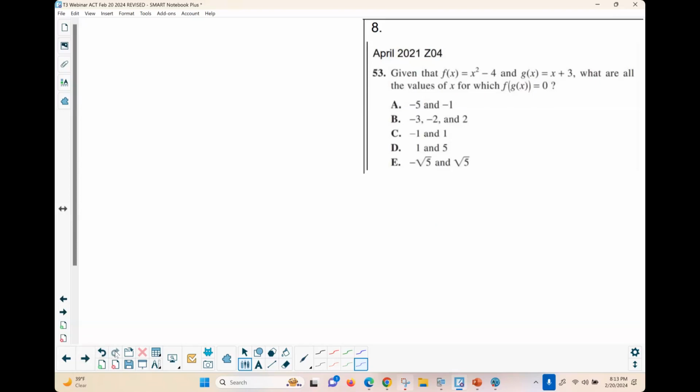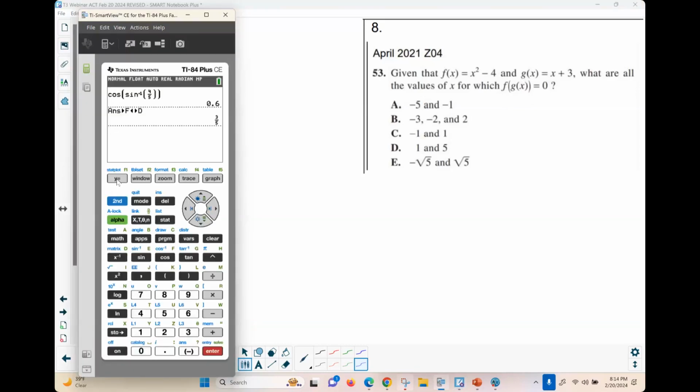Okay, that goes by awfully quickly, I understand. Again, I'm hoping my students can do f of g without a problem and set that equal to 0. But just to show a way to do this a little bit differently, and that's again what I'm focusing on, not the algebraic normal solutions, okay?